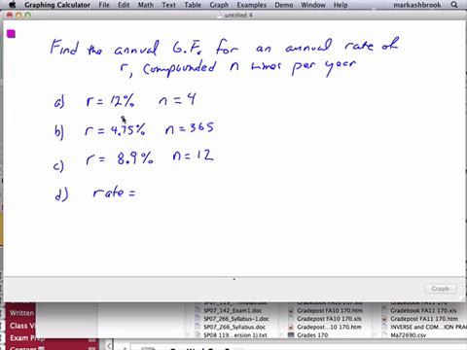Which is the original amount plus the... So what was yours?